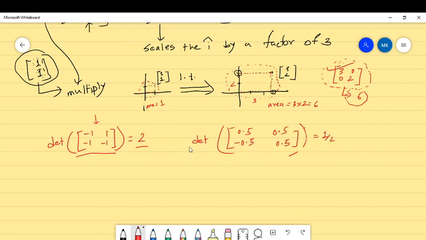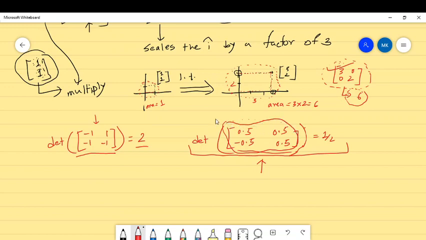What is the underlying meaning of the determinant of this matrix being half? The idea is that if you multiply any vector by this particular matrix, the area would be squished into half, so the area would be decreased, right?